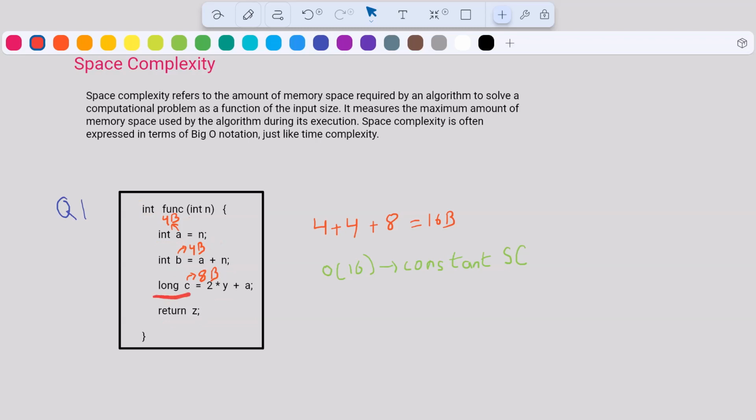And for a long variable, the memory allocated will be 8 bytes. So the total memory allocated is 4 plus 4 plus 8, which is 16 bytes. So the order for this will be order of 16, which is a constant. As I have discussed earlier, whenever there is a constant, we just replace it with order of 1 and express it like this only. So we just remove the constant value.